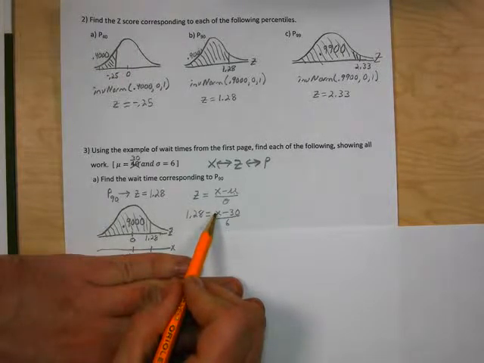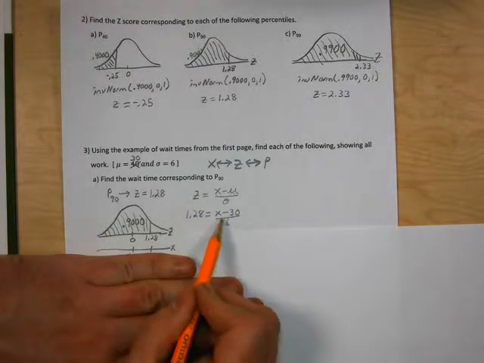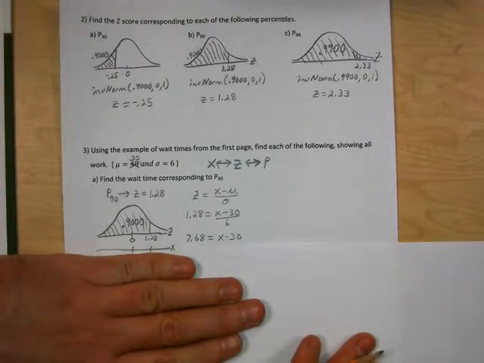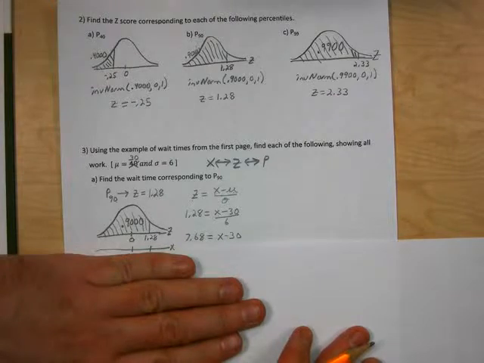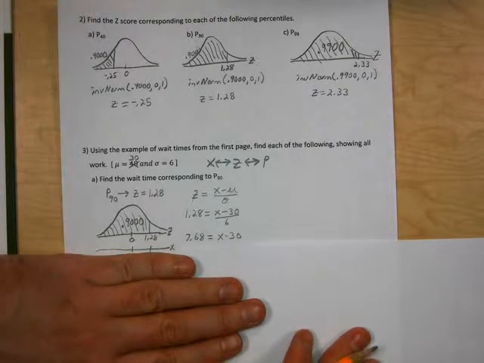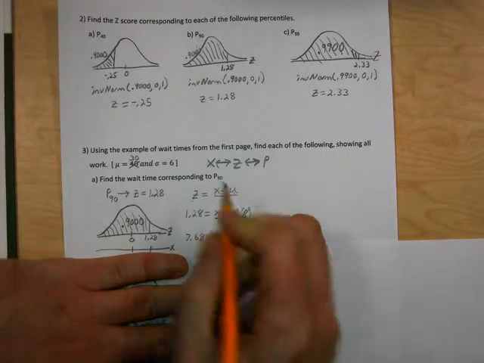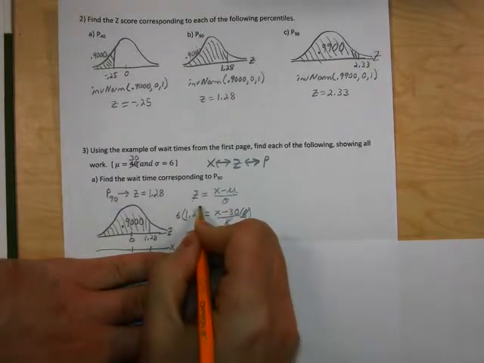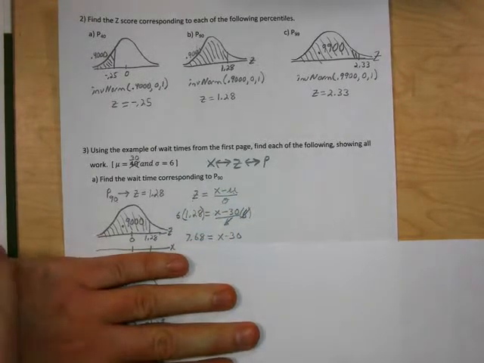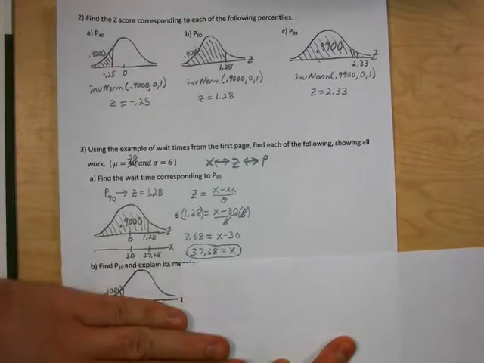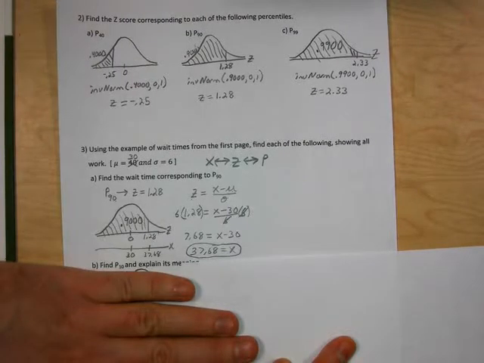So solve that equation. To undo dividing by 6, you multiply both sides by 6, and that'll give you 7.68 equals x minus 30. So we did times 6, so they cancel here, times 6 over here, which gives you 7.68. Then add 30 to each side, and you get 37.68.